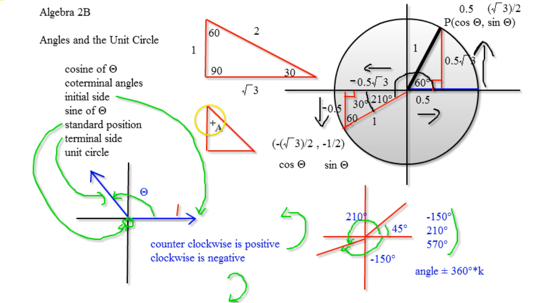Let's say that we were using a 45-45-90 triangle. This would be a 1 to 1 to root 2 ratio.